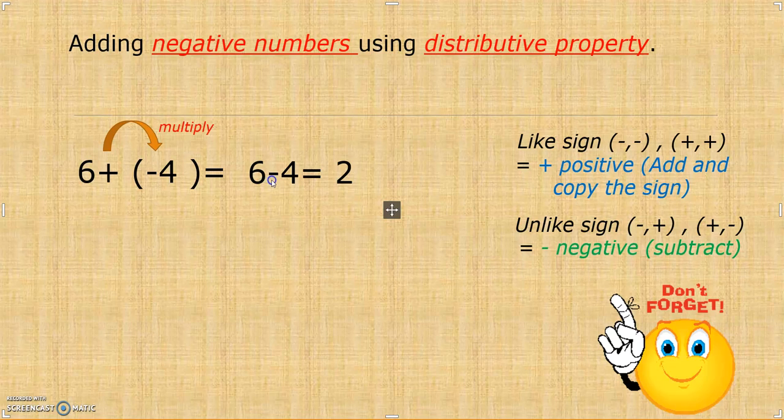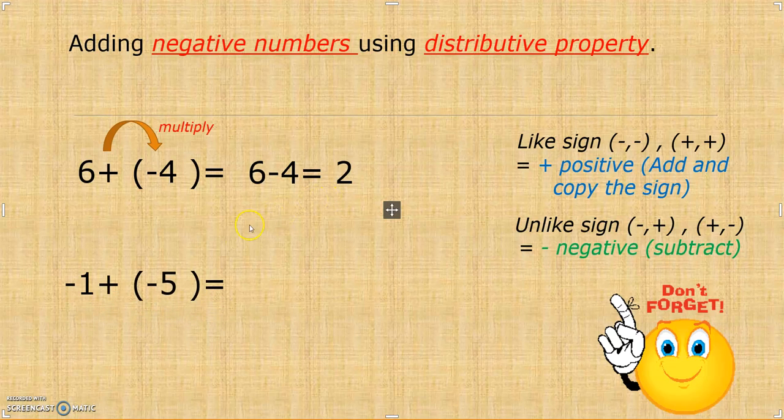So we have 6 minus 4. Since they are like signs, positive 6 and positive 4, the sign in between becomes the minus sign. So the answer is 2. So 6 minus 4 is 2.